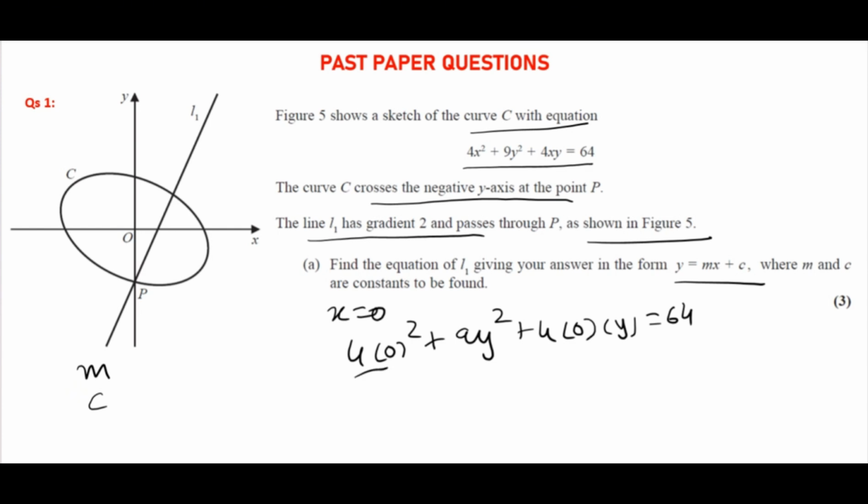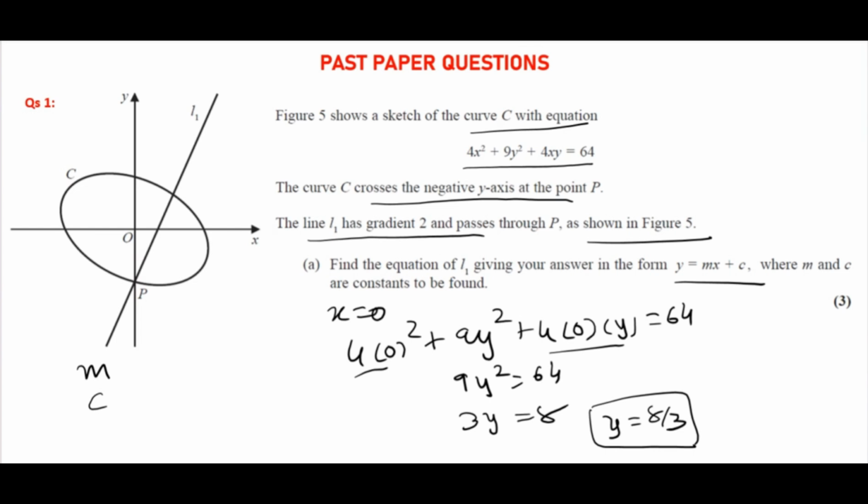So this term is 0, this term is 0. So we can say 9y squared is equal to 64. So we'll take the square root of both sides. So 3y is equal to 8. So y is equal to 8/3, right? So this is our y-intercept.